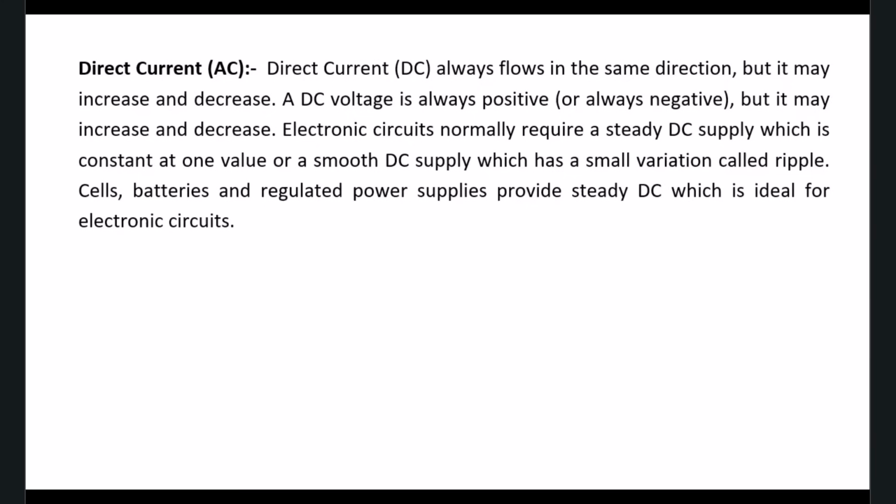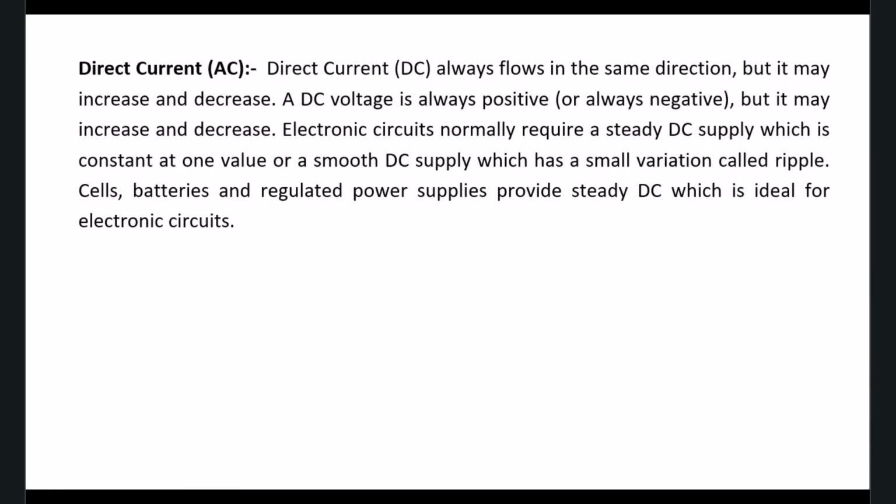And if it started flowing in the negative direction, then always it is going to flow in the negative direction. But the amount of the voltage or the current may increase or decrease. A DC voltage is always positive or always negative, but it may increase or decrease.